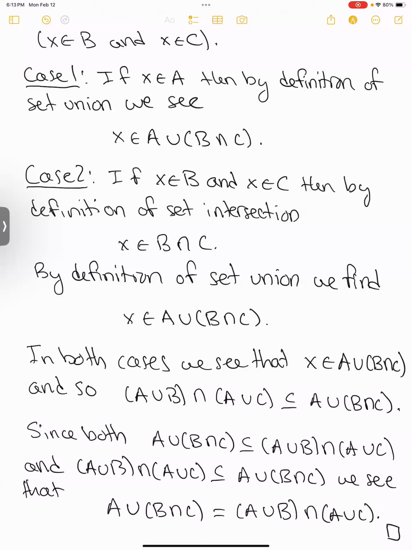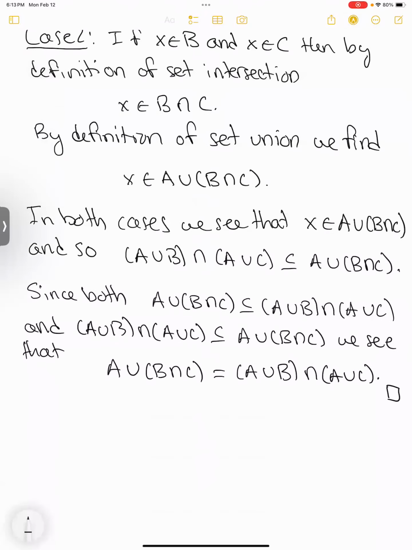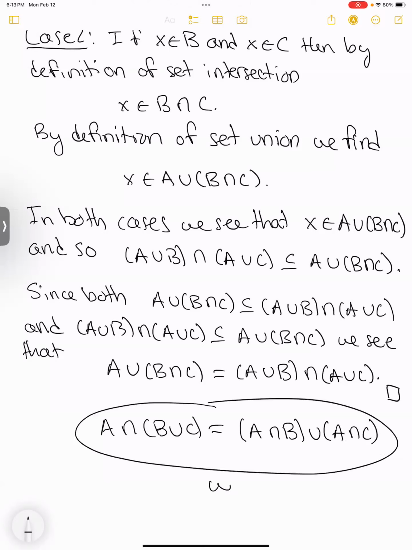Okay, again, on the worksheet, I'm going to have you do something similar, but be careful. It's a similar thing, but it's not going to be the same proof. It's going to follow, again, similar lines, but you cannot follow exactly the same steps. So here, now you'll say A intersect B union A intersect C. This is what will be on the worksheet.